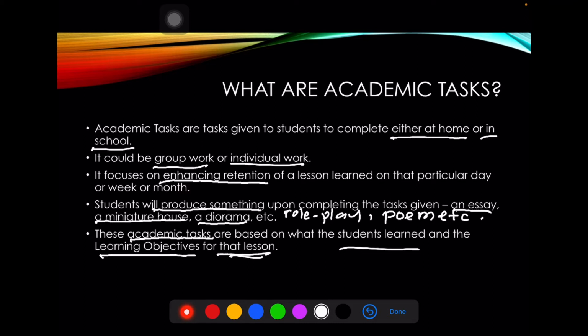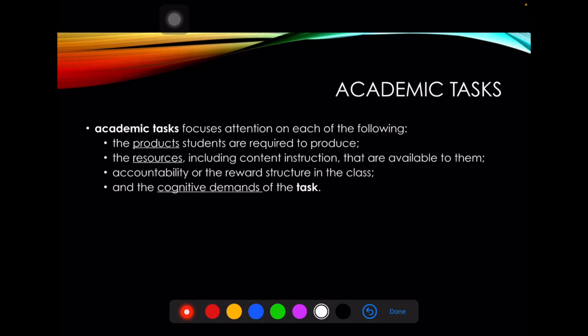So if the learning objectives ask the students to be able to write using certain adjectives or certain adverbs, or in the present tense or past tense, then that will be what the academic task is going to be like. So academic task actually follows the LO.